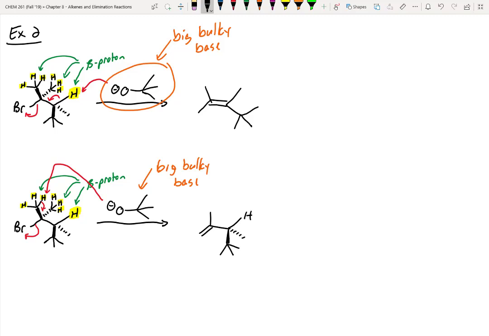All right, let's go back to our original questions from last time. Which one's more stable, the top or the bottom? Top. We didn't really change the stability here. Which one's going to be our Zaitsev product, the more stable or less stable? More stable. So that didn't change either.